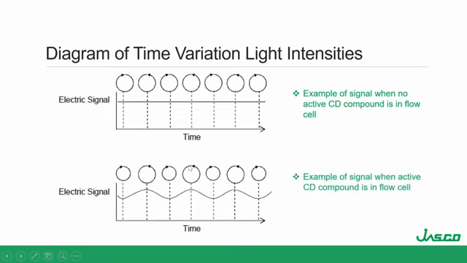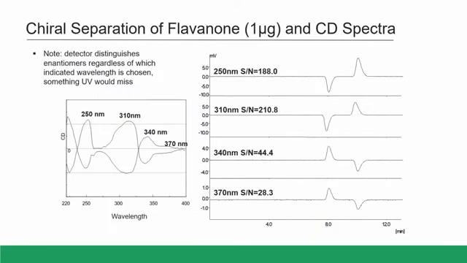Down here, this is an example of when a CD active compound is in the flow cell. So you see the change in the direction of the light, and what you see is corresponding negative and positive peaks on the chromatogram. So that's really the biggest difference you would see between this and a UV detector when looking at your compounds. One peak is going to be negative and one peak is going to be positive.